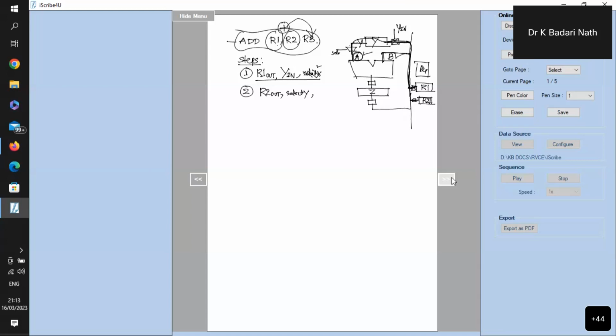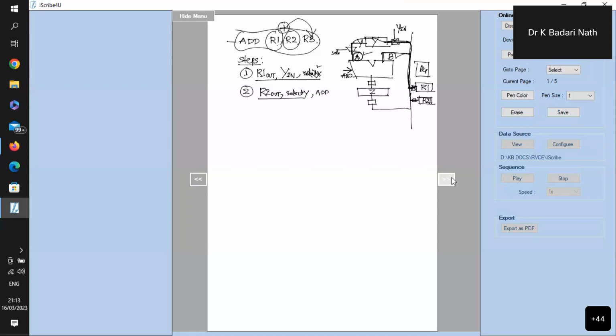Since in the second clock cycle both the data are available, within a fraction of the clock cycle the addition is performed. I have to give an instruction to the processor, meaning the add operation is supposed to be performed. So I'll give the instruction add. When I write add here, it is nothing but the control signal generated by the decoding or control circuit to inform the ALU what operation is supposed to be performed.